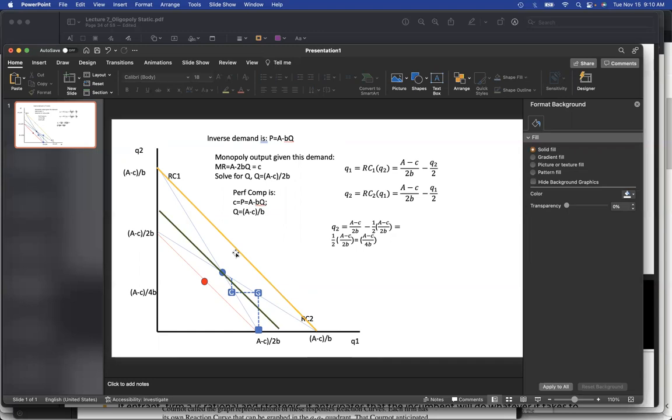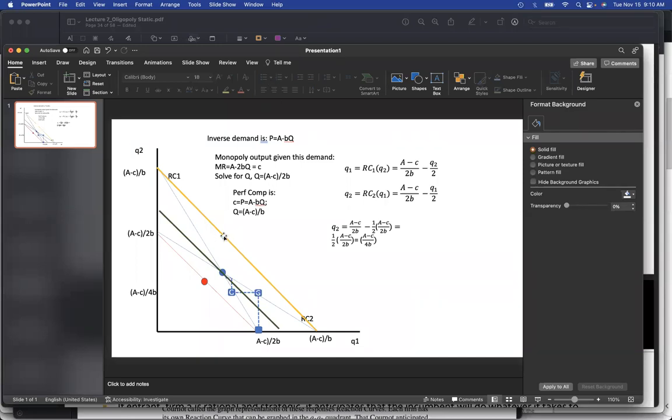And ulitin ko lang yung tanong, ano yung output na yun ulit? Describe the output, not just tell me what the letters are, because we already know what the letters are. How do you describe this yellow line output? It's the perfectly competitive output.